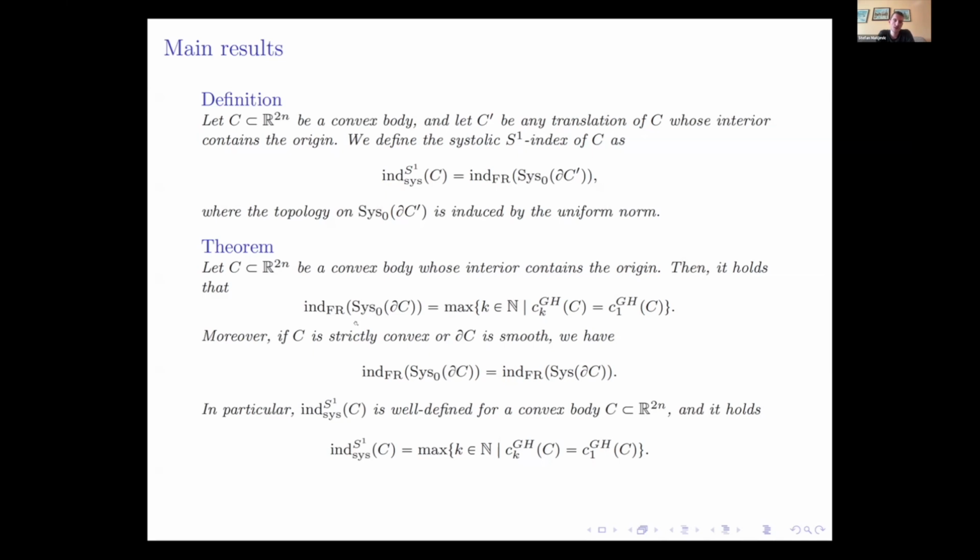In the strictly convex case, this holds because the space of centralized systoles and the space of systoles are S1-equivariantly homeomorphic, so they are the same, which doesn't hold if one drops the strict convexity assumption. An example for this can be a polydisk, but one can also find a smooth example.